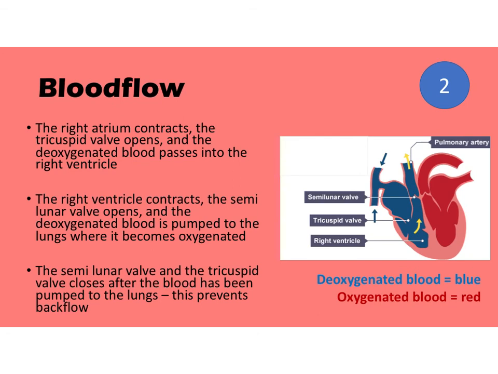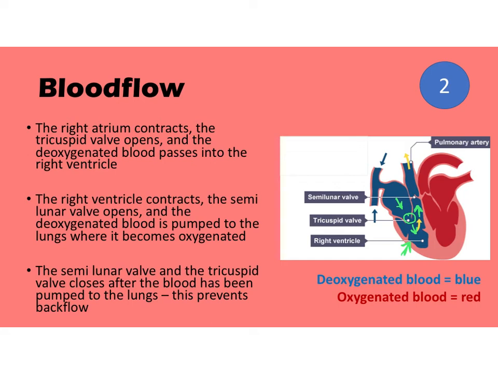Moving on to step 2. The right atrium contracts, the tricuspid valve opens, and the deoxygenated blood passes into the right ventricle. Okay, so the blood goes from here, this valve opens, and it can go into the right ventricle. Then the right ventricle will contract, which pushes the blood upwards to here.